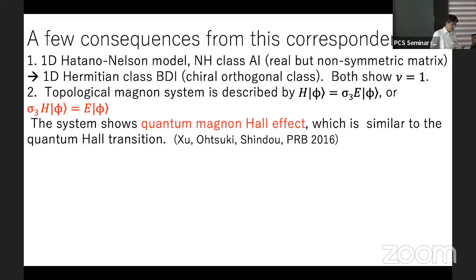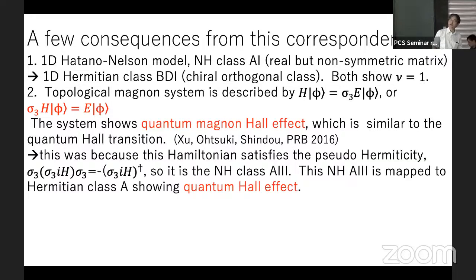We didn't know why, but now we know. By quantum Hall transition, I mean the quantum Hall effect where the Chern number changes from one integer to the other. The localization length diverges when the quantum Hall conductivity, sigma xy, changes from one integer to the other.